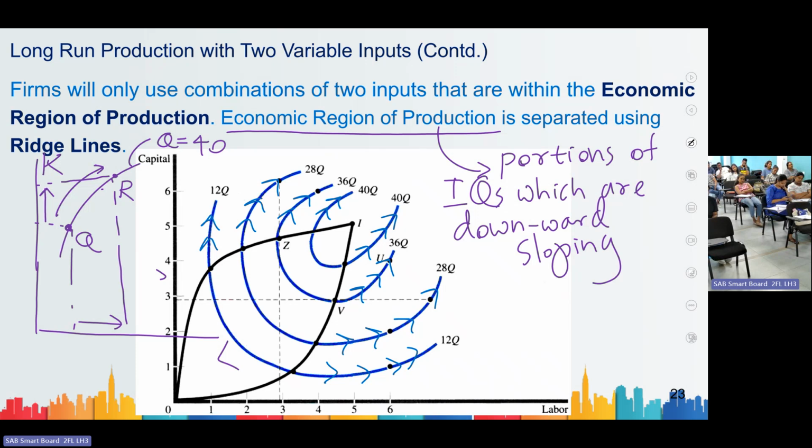No. A rational producer will operate only on downward sloping portions, because in upward sloping portions both inputs have to be increased at the same time.